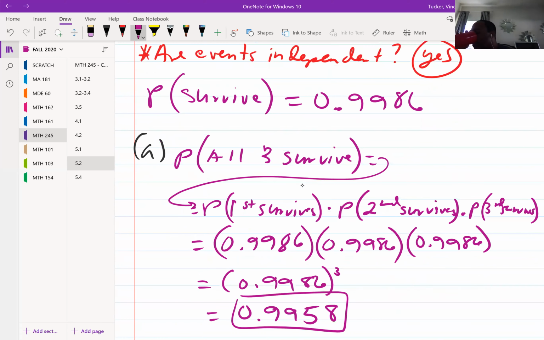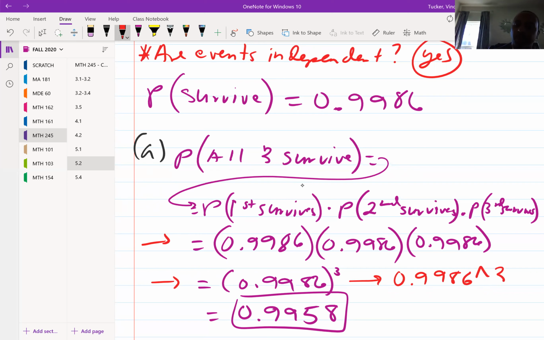Can you tell me how you got that on the calculator? You can either multiply it times itself 3 times or raise it to the third power. Use that symbol right there and write 3, and that should cube it. A lot of calculators actually have a cube button. I did it on mine and I got 0.9874.